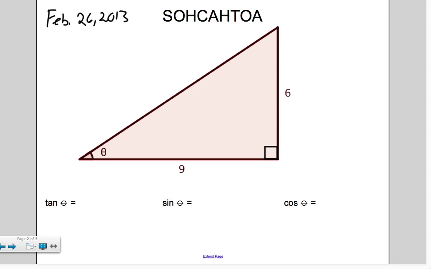The grid was looking like this. Anyways, it had the axes. We had this triangle that we developed. So the bottom side is 9. The vertical side is 6.